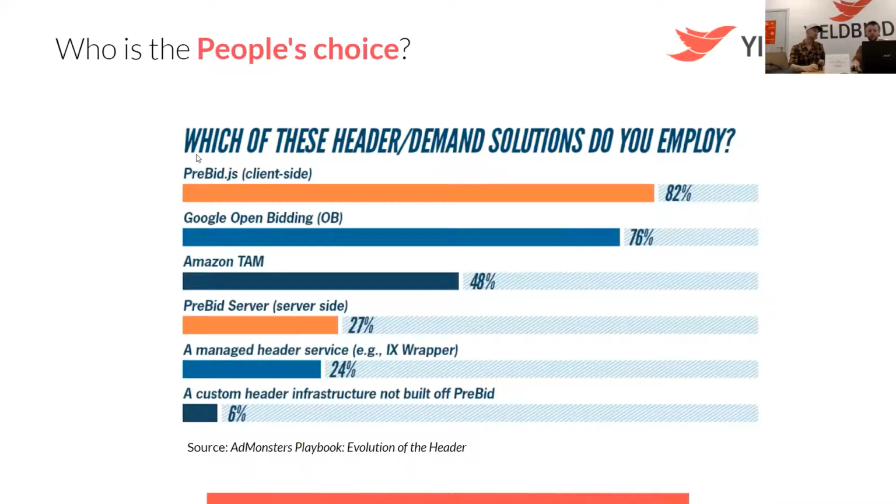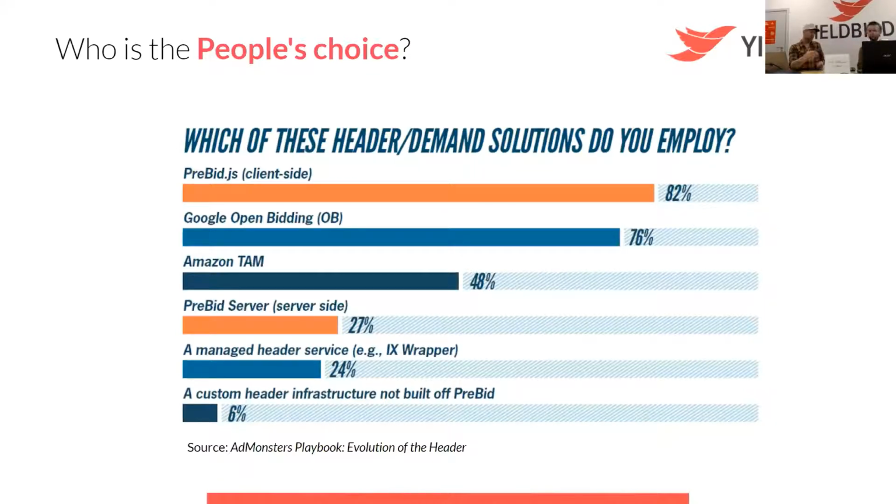But yes, this hybrid configuration, a Prebid.js based client-side wrapper, either built in-house or some kind of third-party managed service, together with Open Bidding, is the most popular and the most effective, and it's the starting point, right? Yeah, and of course it depends on the market you are in, because not every bidder covers Open Bidding.